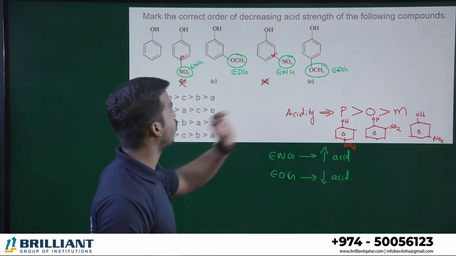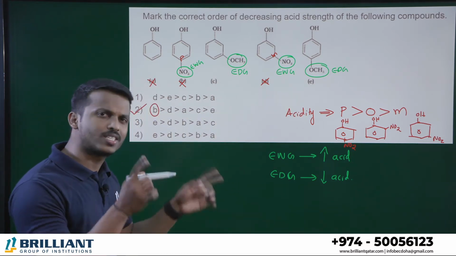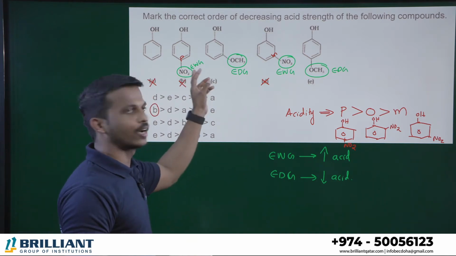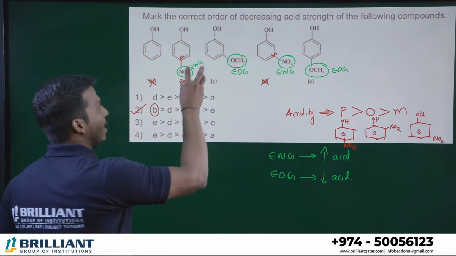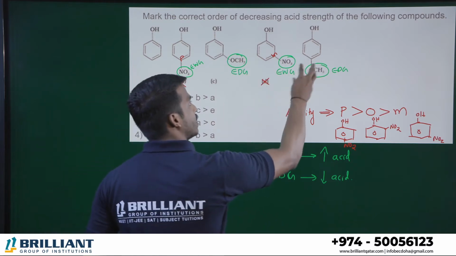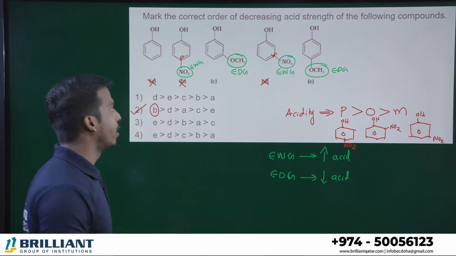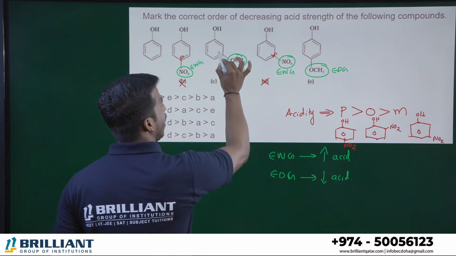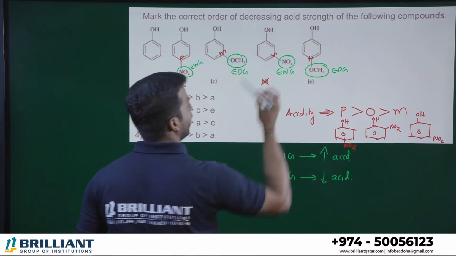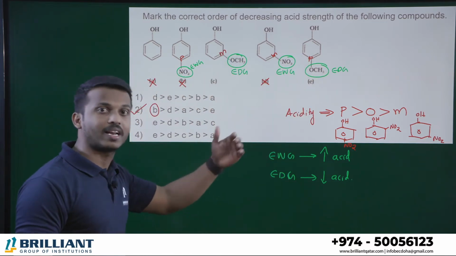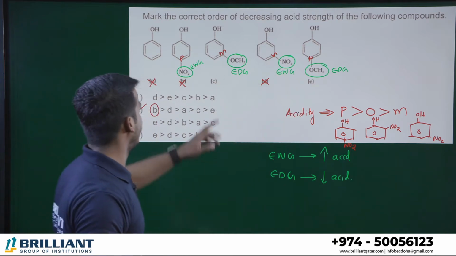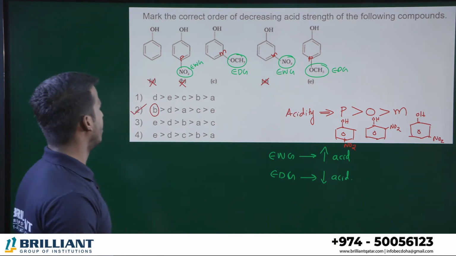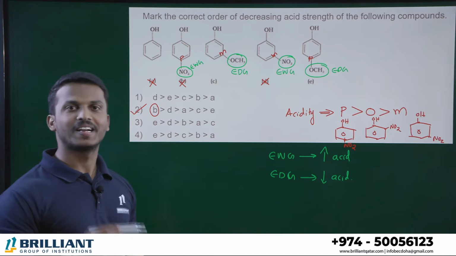Among C and E, the order is just reverse compared to the electron withdrawing group. If an electron donating group is present, its effect is more in the para product than the meta product. The meta product has greater acidity than which one? Para. Therefore, C and then E. So option number 2 is the correct answer.